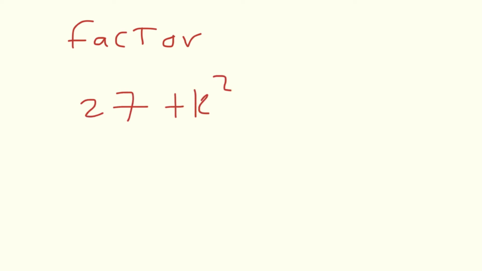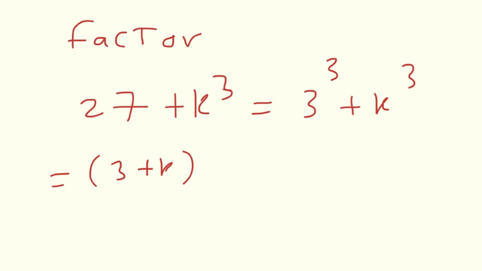I have 27 plus k cubed. So let us factor 27 plus k cubed. It's easier to write it as a cube quantity. So 27 is a cube of what? 3. 3 cubed, and I have k cubed. Now it's clear. So the answer will be the first and second, which is 3 plus k.